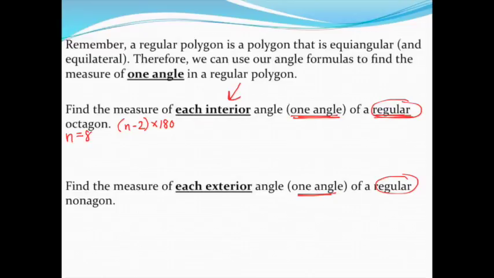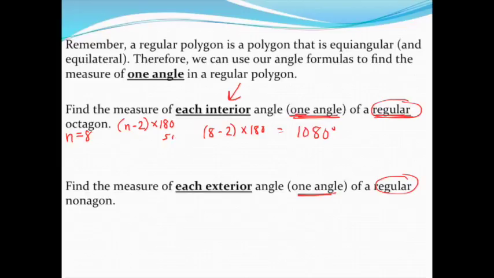So the sum of the interior angles of the octagon is going to be n minus 2 times 180, which, if I do that calculation, will get me a sum of 1080 degrees. So that's what all the angles add up to. But what I want to do is find just one of those angles.